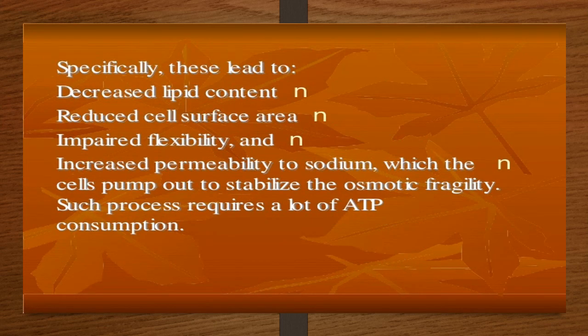Especially, these lead to decreased lipid content, reduced cell surface area, impaired flexibility and increased permeability to sodium, which the cell pumps out to stabilize the osmotic fragility. Such processes require a lot of ATP.